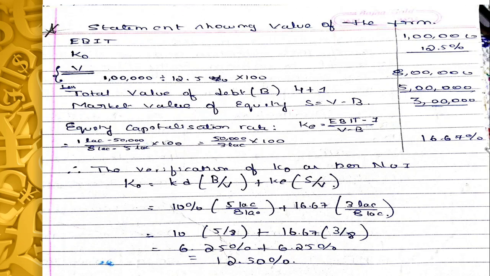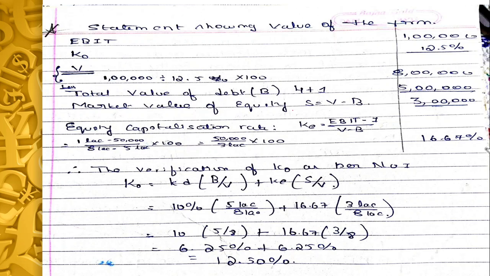Here, capital I is the total amount of interest that you will have to put, not the 10%. Do not make such small mistakes. See the formula, EBIT minus I. Here you will have to put the total amount. Never forget that. So minus, it is 50,000 they have given. Why is it 50,000?